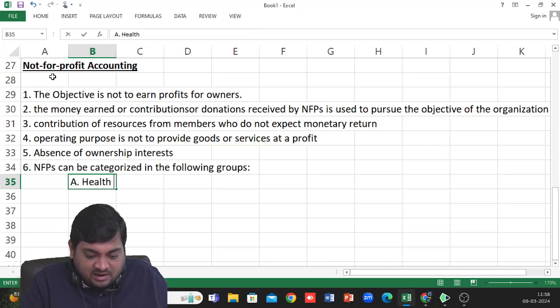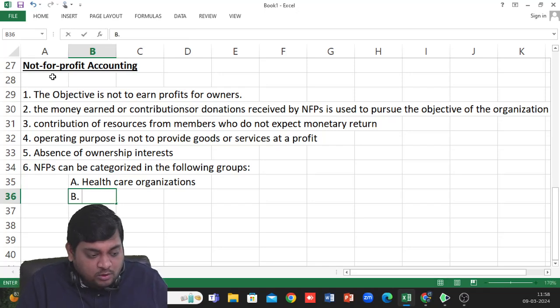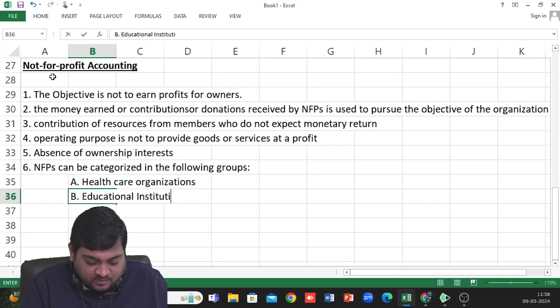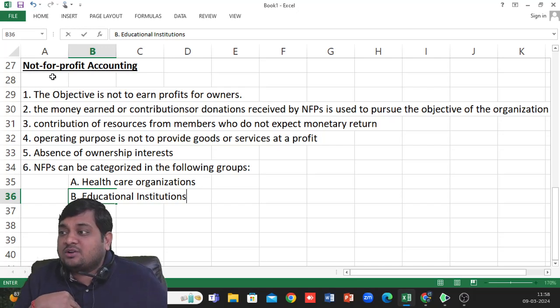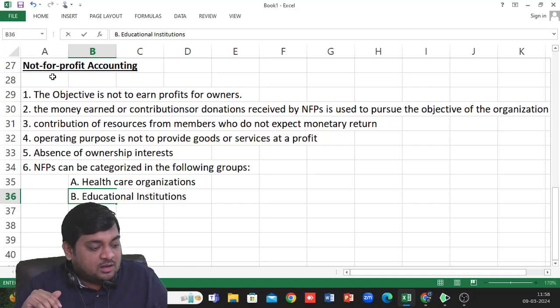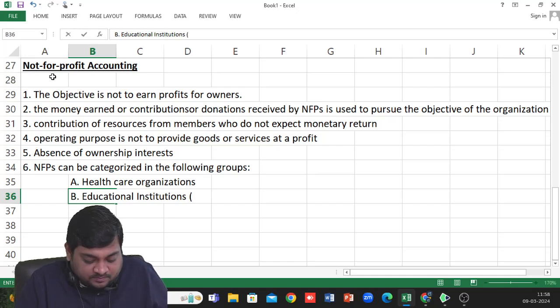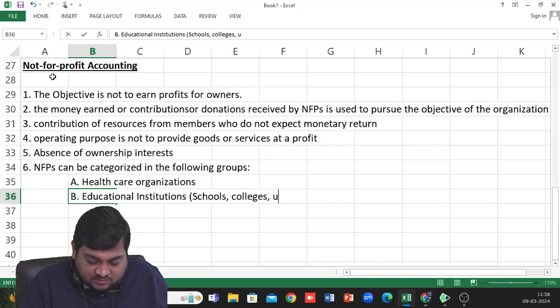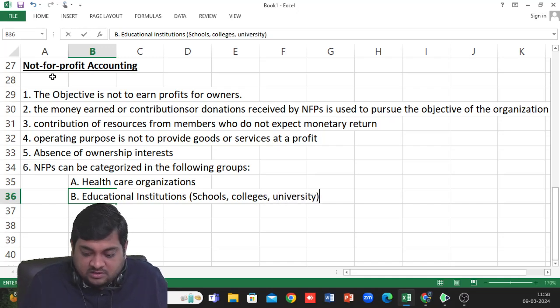I told you to give medical relief, right. Then we might have some educational institutions. Like our institution is not a not for profit organization. We are a profit organization, right. So educational institutions, right. Schools, colleges, university, right.